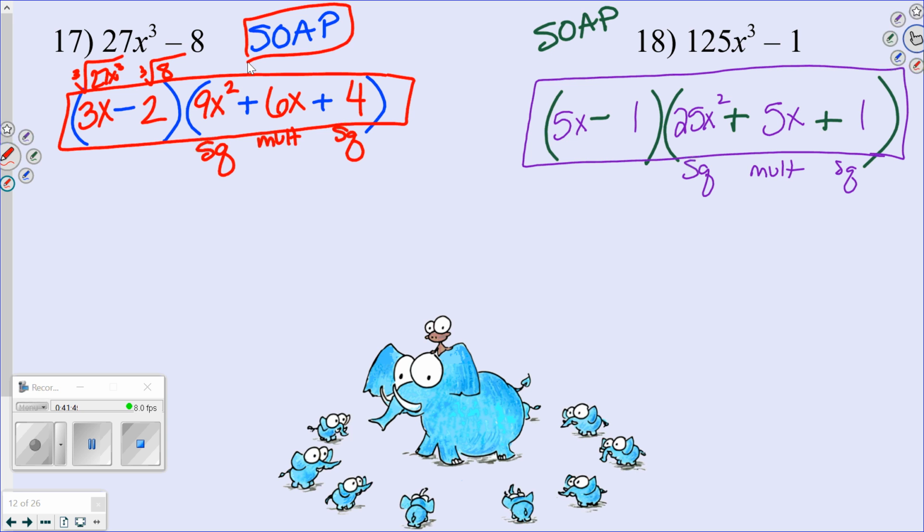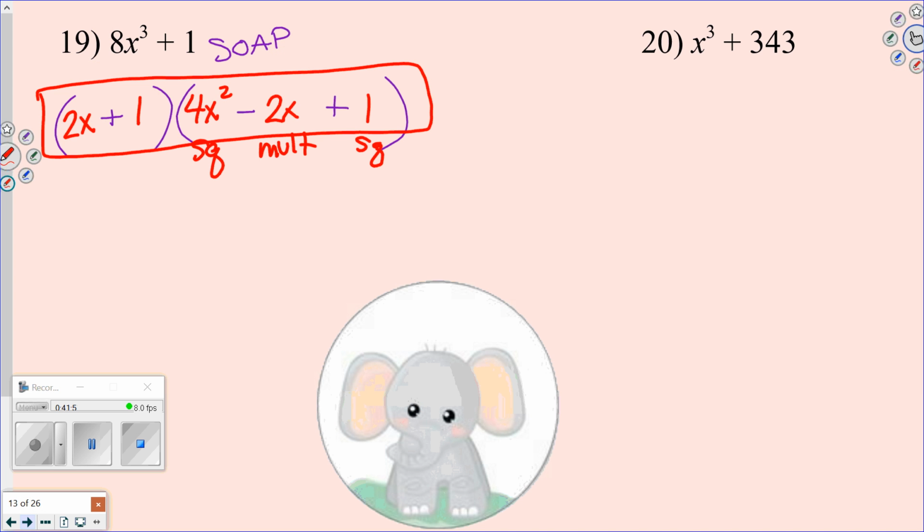No. The first one's always the same as the original problem. This was a plus, so my first one's a plus. The last sign's always plus. Same sign, opposite. This one will always be the opposite of what this one was. So the first sign in this problem is always the opposite of what this one was. Yep, that's why it's same, opposite, always positive.